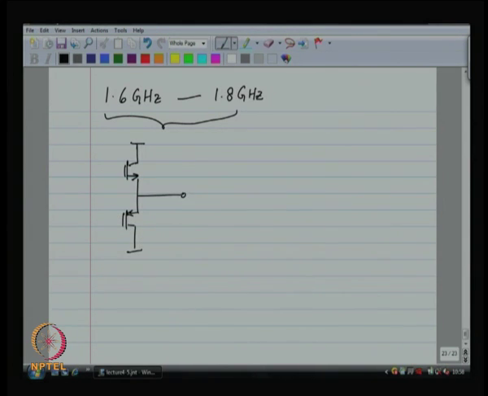So, you have got an output over there, and suppose I have a 3.3 volt supply, then maybe this output can swing peak to peak from 3 volts to 0.2 volts, which means that the peak to peak swing is about 2.8 volts.